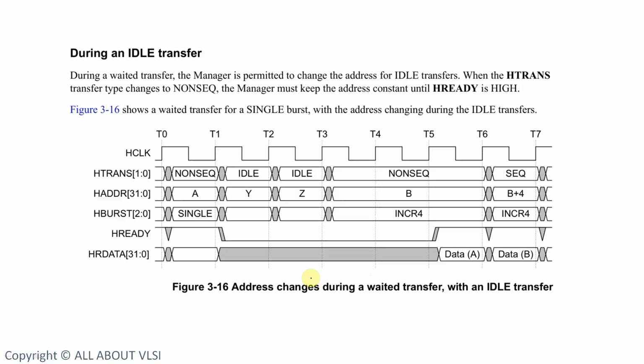Let us try to understand the transfer type during the waited state. Whenever HREADY is equal to 0, let us understand the behavior of our transfer type. Say HTRANS in our transaction is equal to 0, 0, which is an idle transfer, and we have a waited state, meaning HREADY is equal to 0.